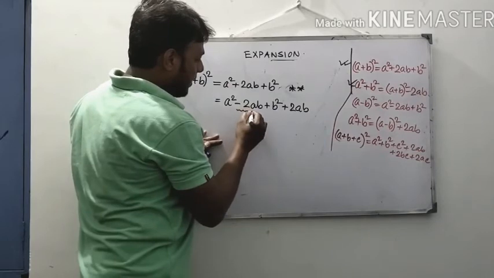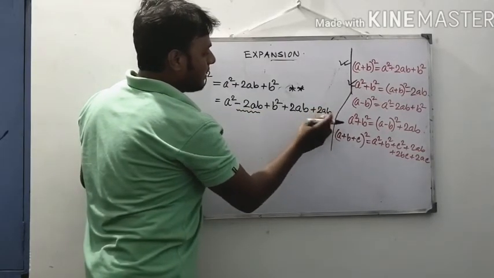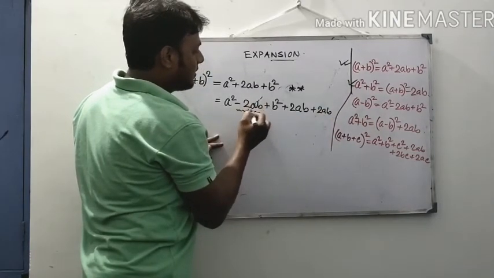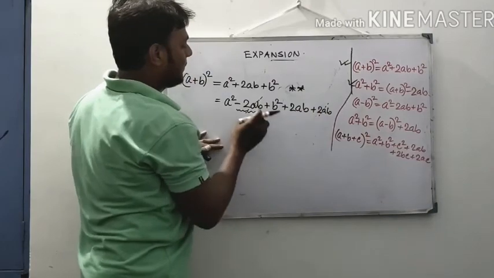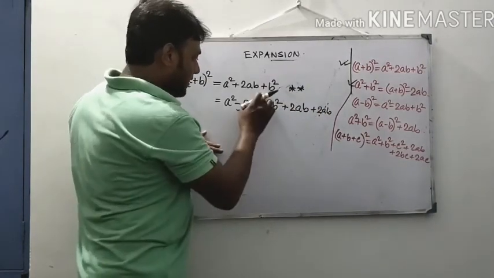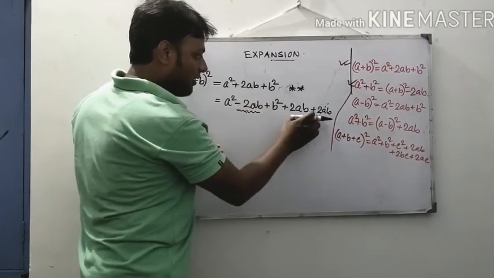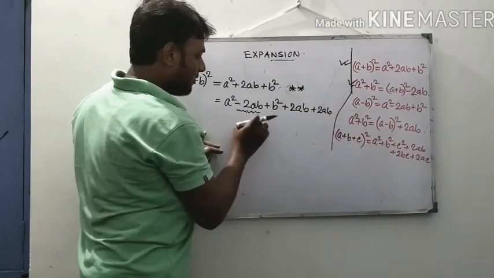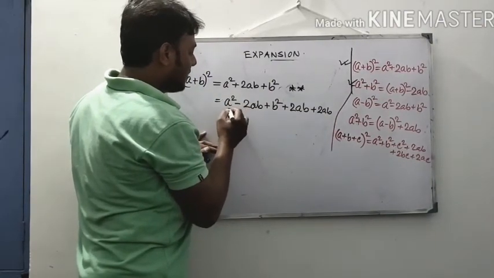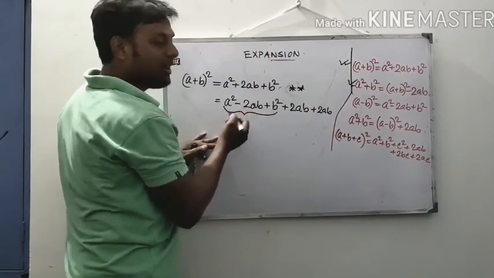We have considered here -2ab, so if we balance it with +2ab, then +2ab and -2ab will be cancelled out, and ultimately this line and this line become identical. Understood? This is a very important part. Just to convert into the form a - b, we have considered -2ab.